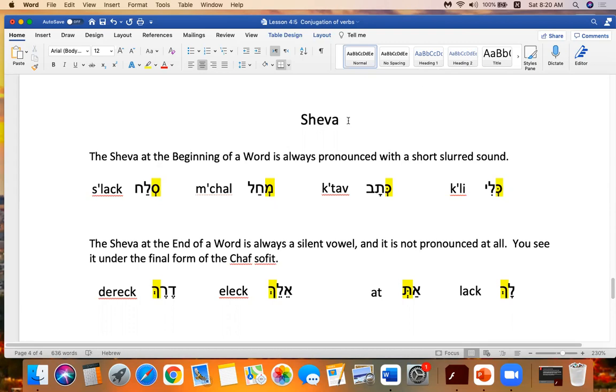So anyway, the shva at the beginning of a word is always pronounced with a short slurred sound. So kli. Now, the thing is, when I asked some of the Israelis about these, they said, well, yes, some of them you will hear the kali, but just say it fast.